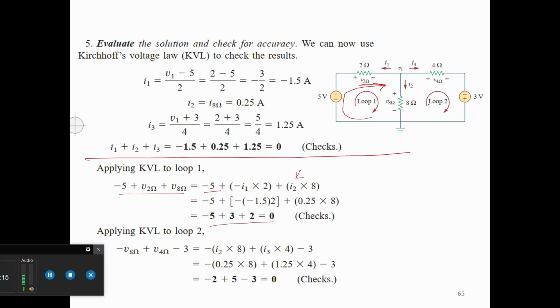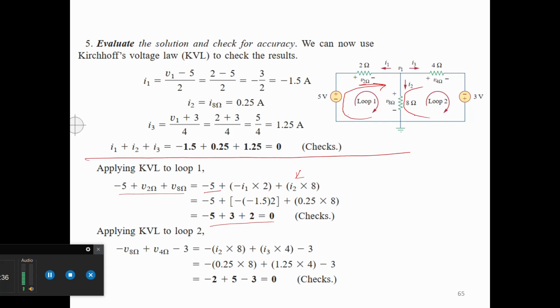Similarly, if you apply the second loop, loop 2, in this direction, you can see that this becomes minus V8 plus V4 minus V3 minus 3 volt equal to 0.